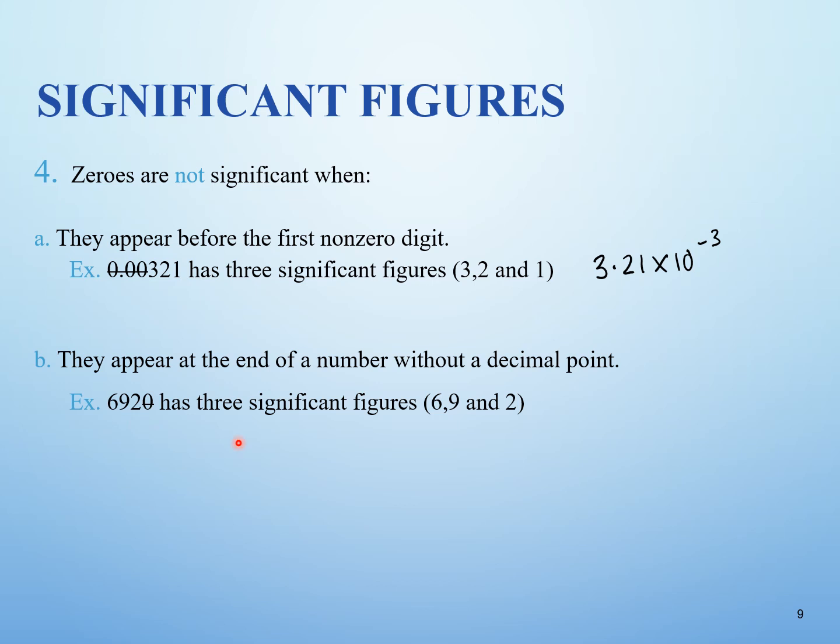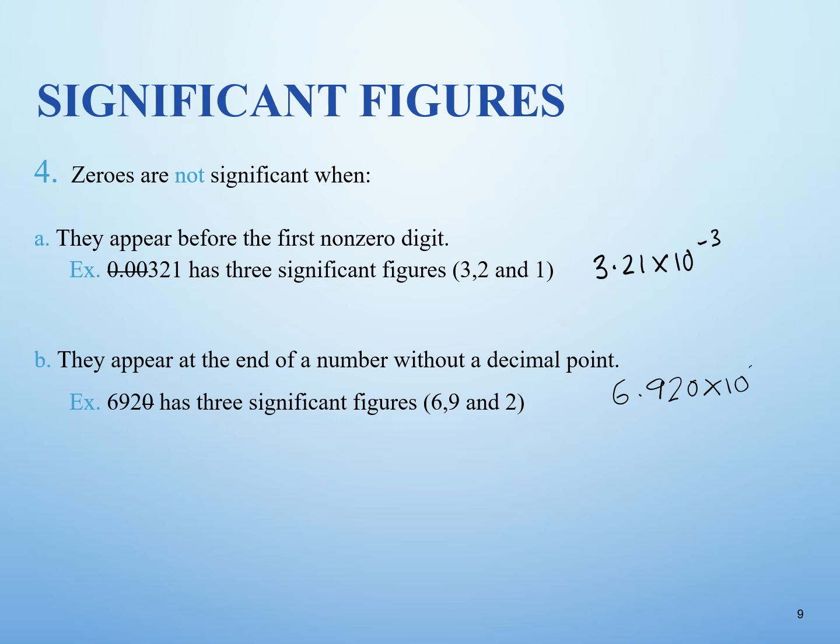If you wanted to specify 4 sig figs, you should write it in scientific notation. So the scientific notation for this should be 6.920 times 10 to the power 3.